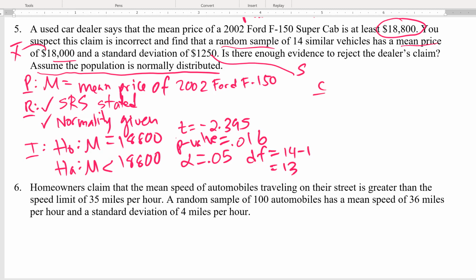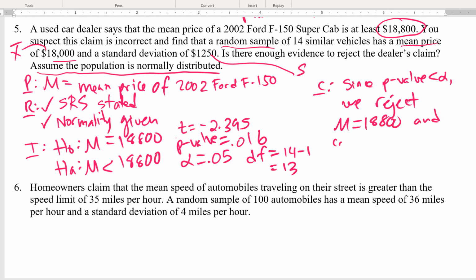Based on this, since that p-value is less than alpha, we reject the null hypothesis. Put it in words: we reject that the average car is $18,800 and conclude the alternative that it's less than 18,800.